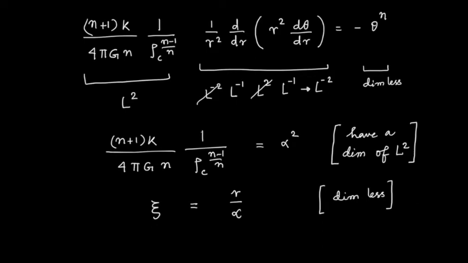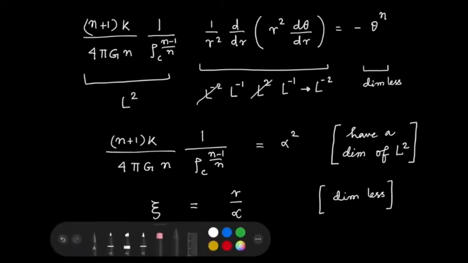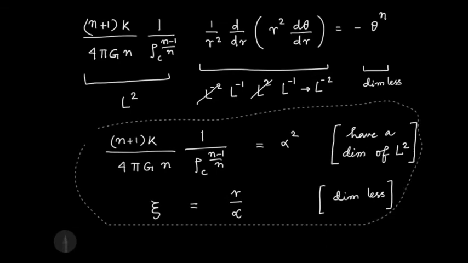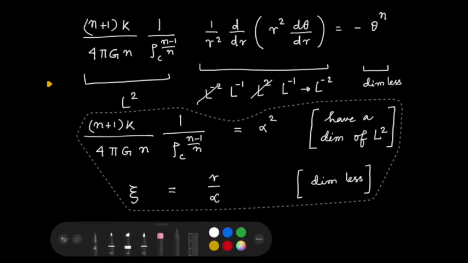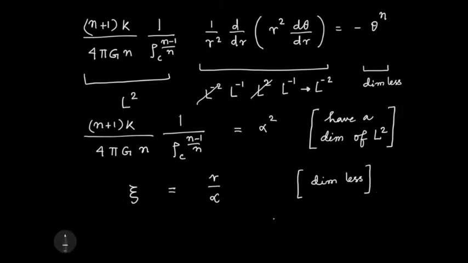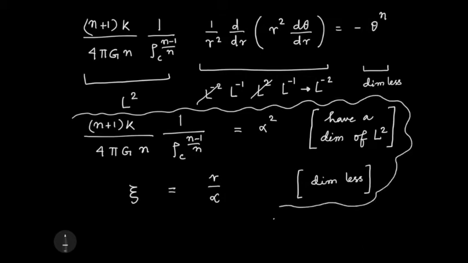Okay. So what will happen to my equation? I need a little bit space here, so let me make some space. So the equation becomes, so let us keep this in cloud.